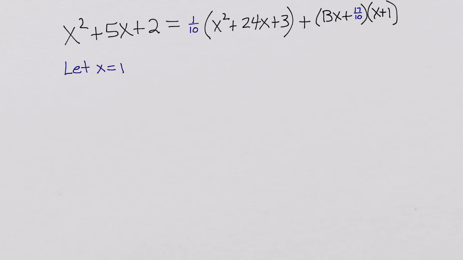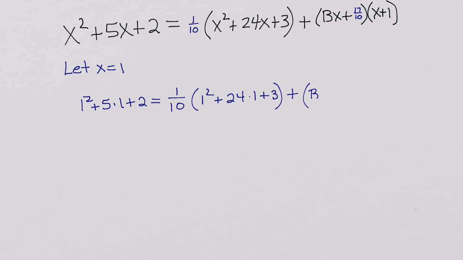So I have x squared, so that's 1 squared, plus 5 times 1, plus 2 equals 1 over 10 times 1 squared plus 24 times 1 plus 3, plus B, we still don't know what it is, times 1 plus 17 over 10 times 1 plus 1.